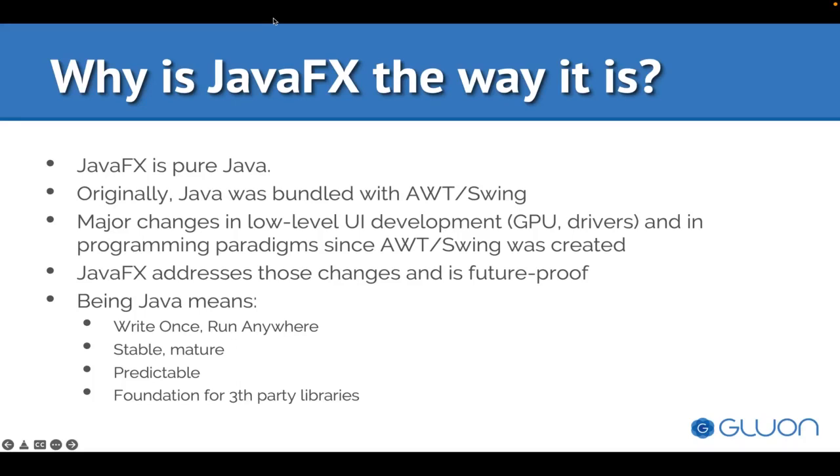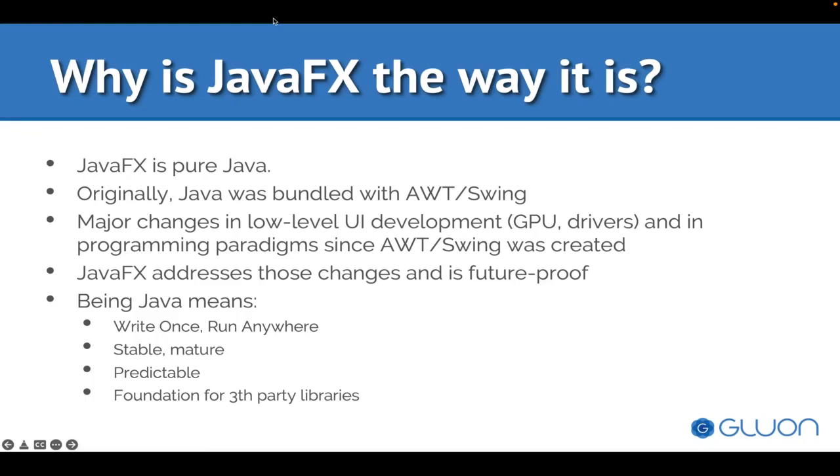You want your code to be written once and executed on different platforms. Java is also known for its stability and maturity, and Java is very predictable. By predictable, we mean here the release cycle, the versioning, and so on.